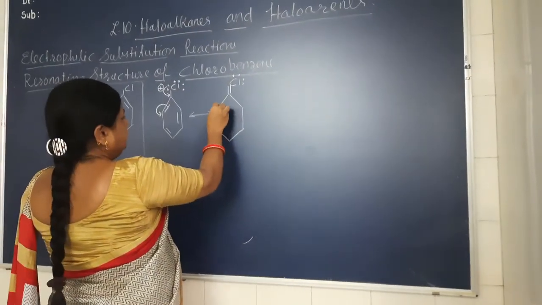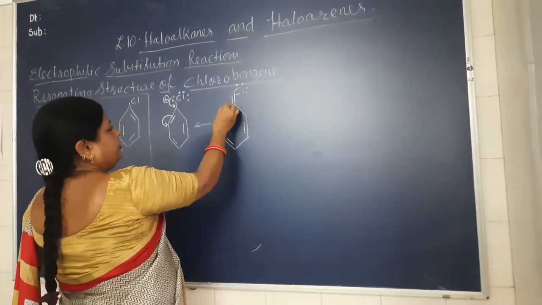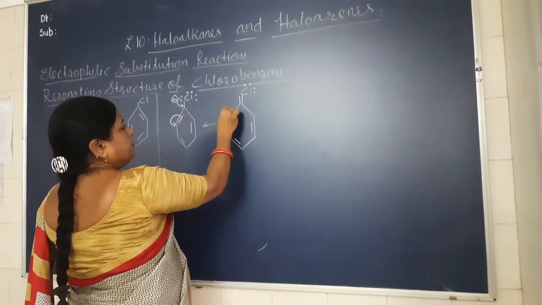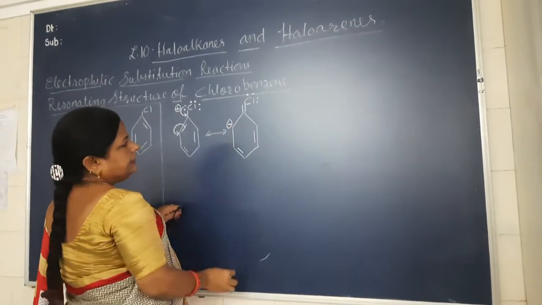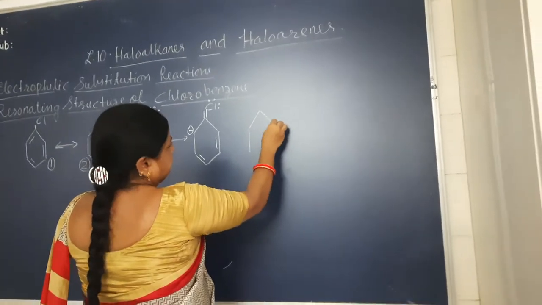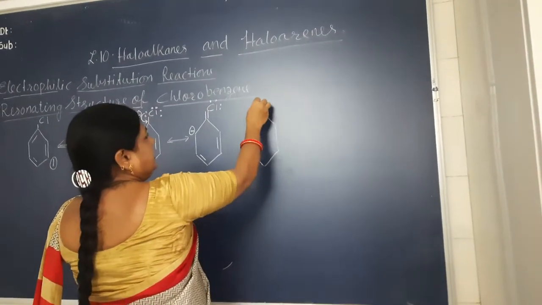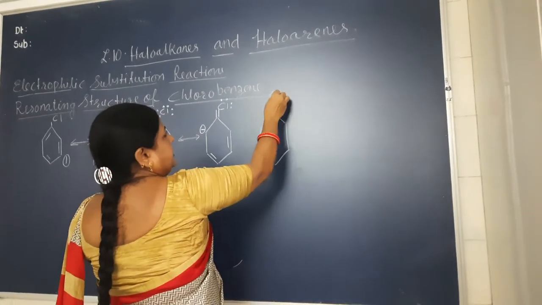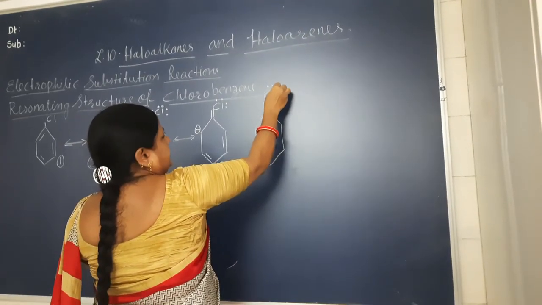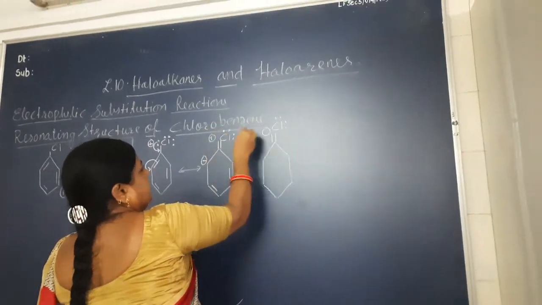And the pi electrons have moved here, so a minus charge would be there. Correct? Next, see carefully the structures. Now the double bond is here, Cl is here, 1 electron, 2 electron, 3 electron, 4 electron, here a plus charge.